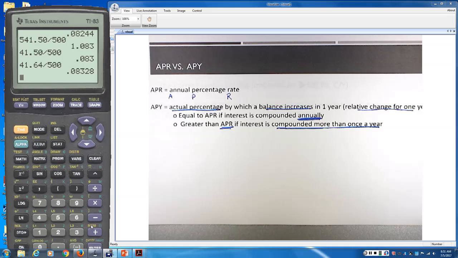It's the relative change. And the APY is going to be higher than the APR if the compoundings take place more than once a year. Now, if you're getting interest on an investment that you put in the bank, that's a good thing. But if you're paying off a mortgage or a car payment, the more often they compound interest, that means the more you have to pay them. So you have to think in terms of both ways.